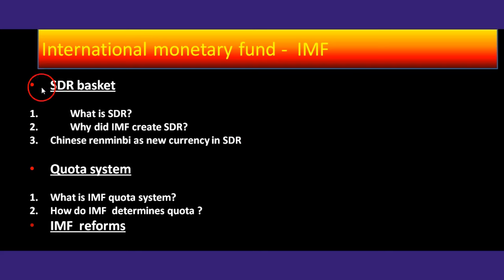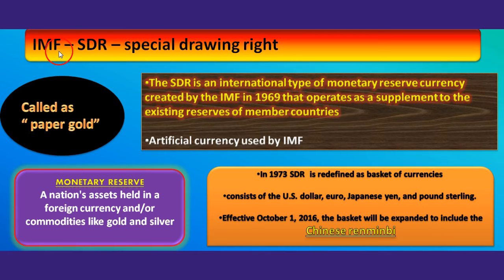First, about SDR, Special Drawing Right. SDR is an artificial currency used by the International Monetary Fund. SDR is also called paper gold.